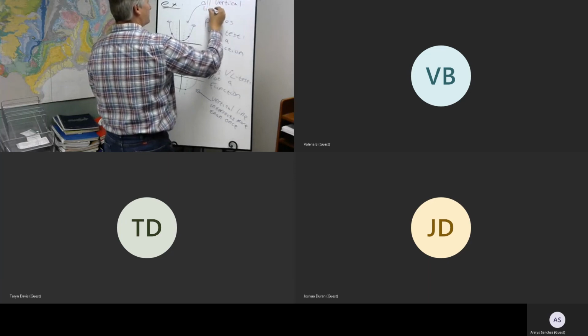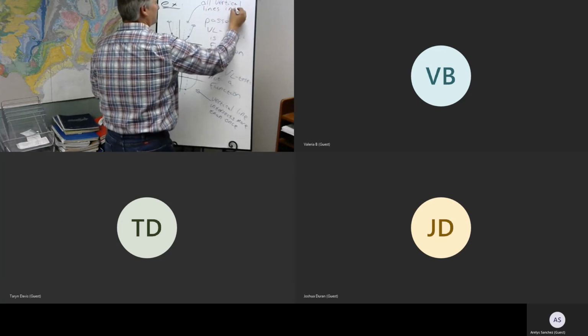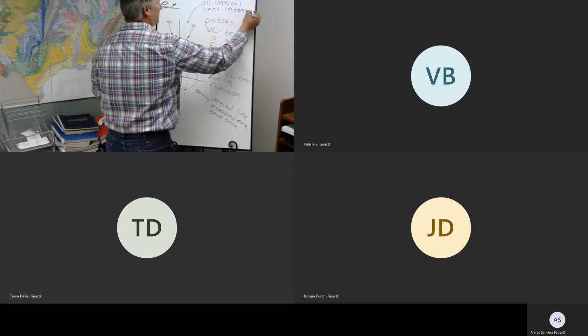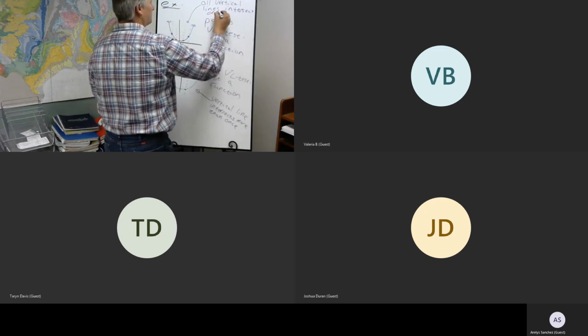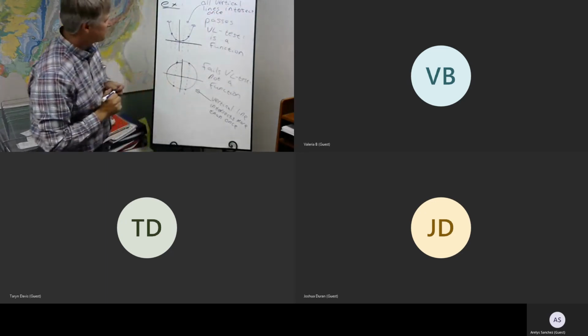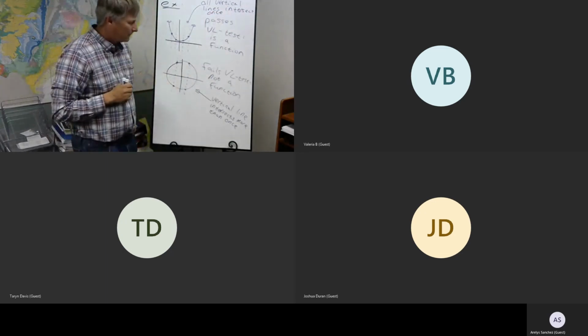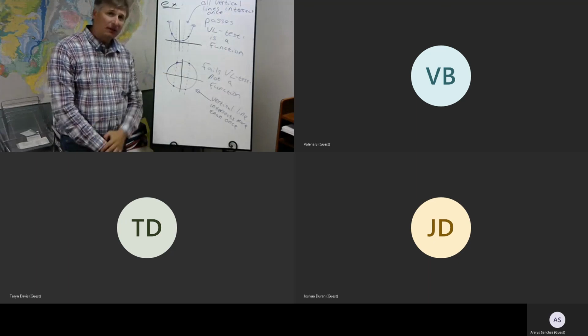For this one, all vertical lines intersect once. So that's the vertical line test.